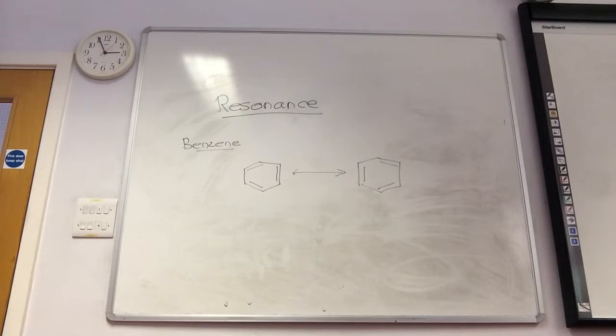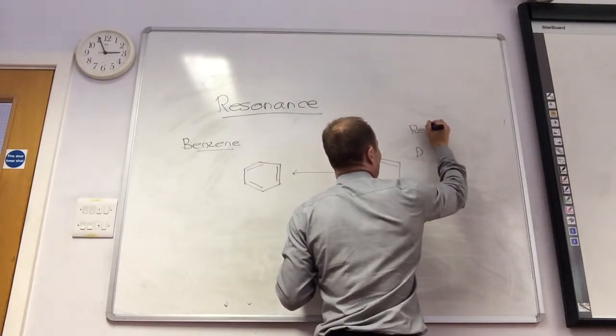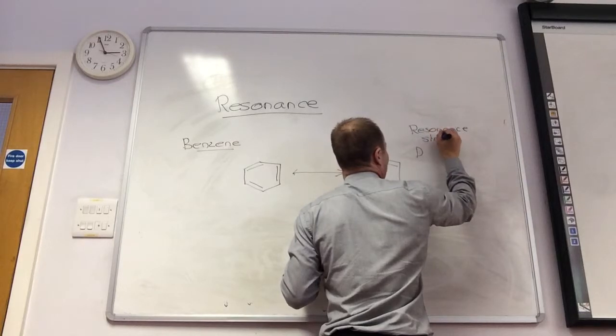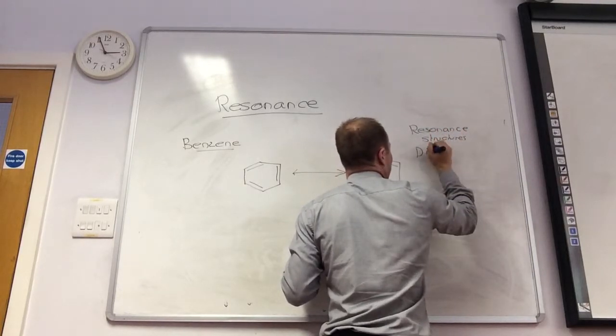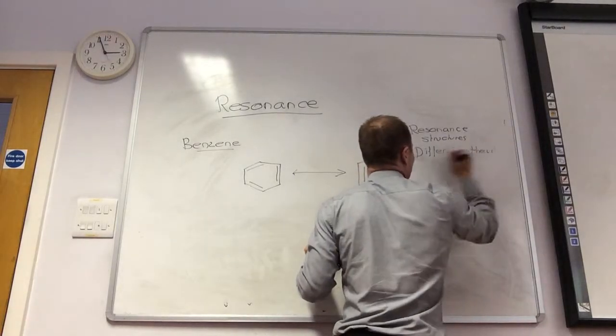They only differ in their placement of electrons. So resonance structures differ in their placement of electrons.